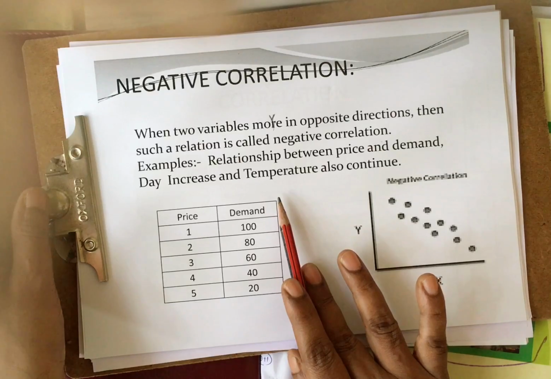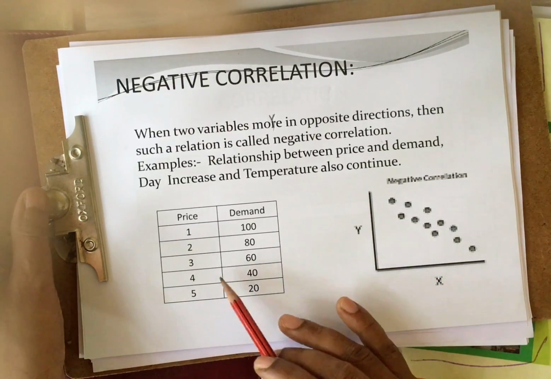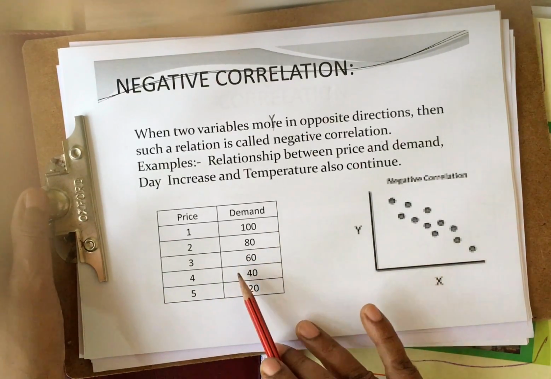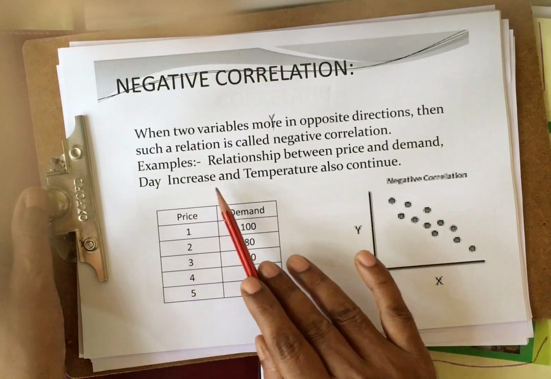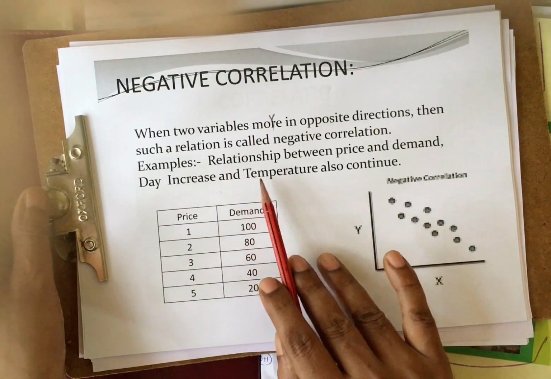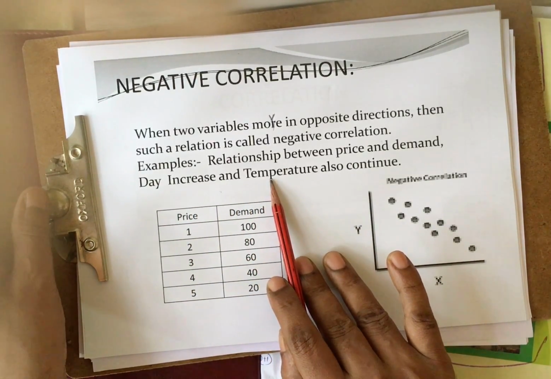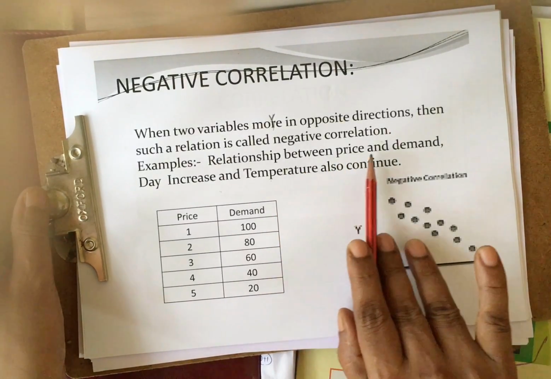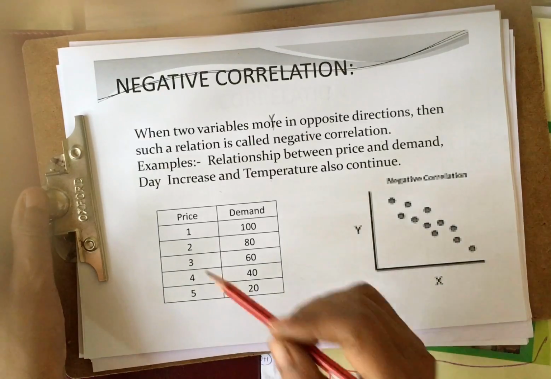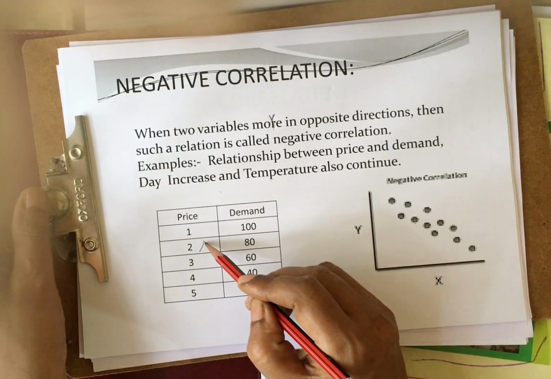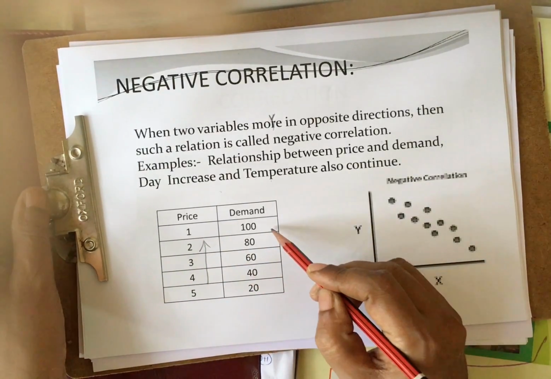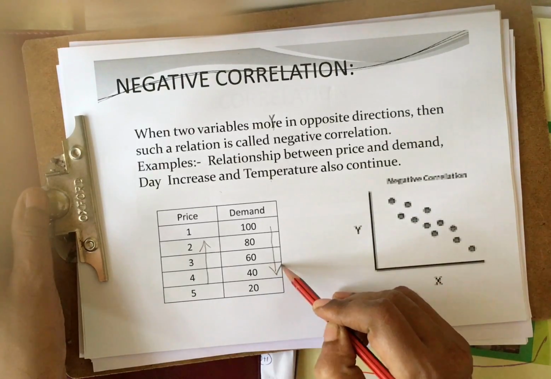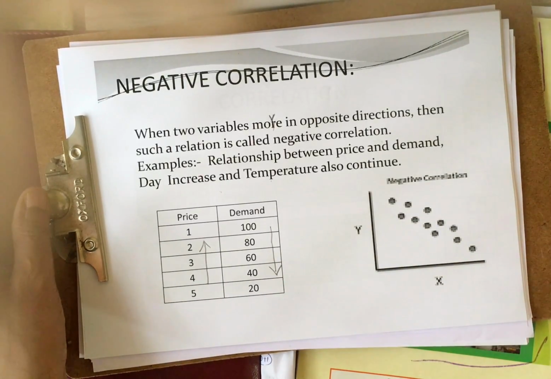That is increases. But here, one should increase and the other should decrease. When summer increases, then the demand for woolen cloths decreases. In such a way we can talk oppositely. Here price increases, demand decreases. One increases, the other decreases. So this is moving in an opposite way. That's why it is called a negative correlation.